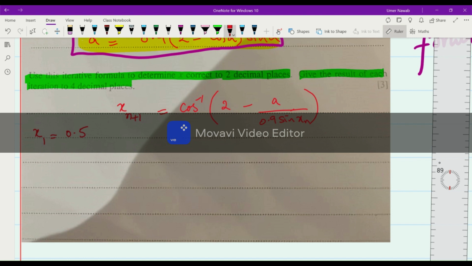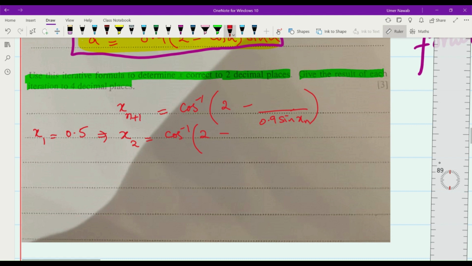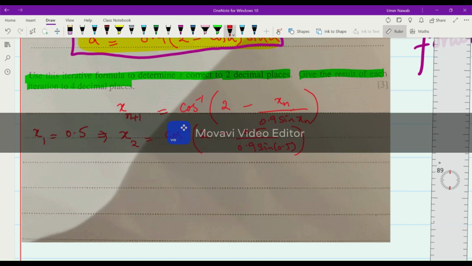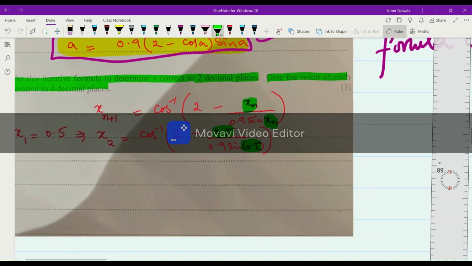So I'm going to look for my x2. So x2 will be shift cosine of (2 minus 0.5) over 0.9 sine of 0.5. Did you see, guys? Here I'm going to substitute my starter, which is 0.5.